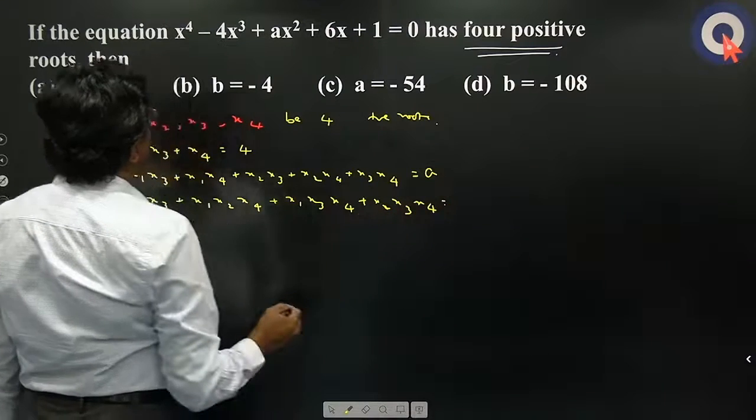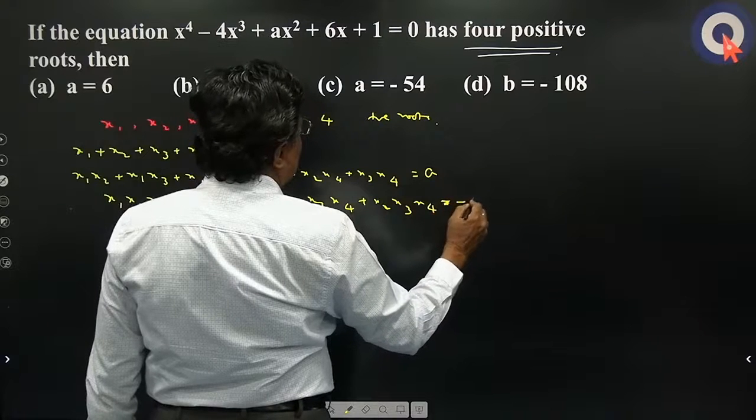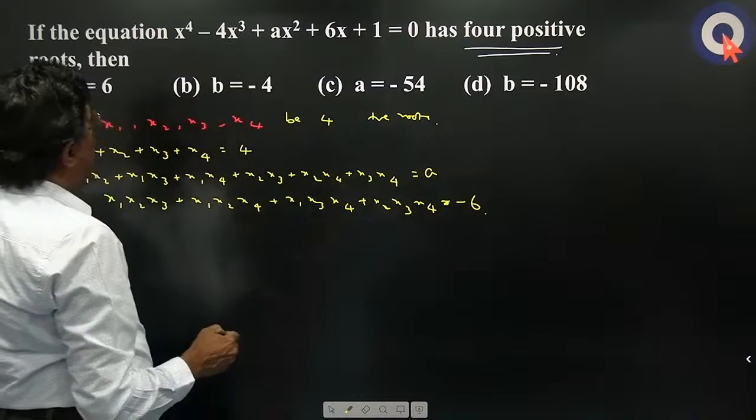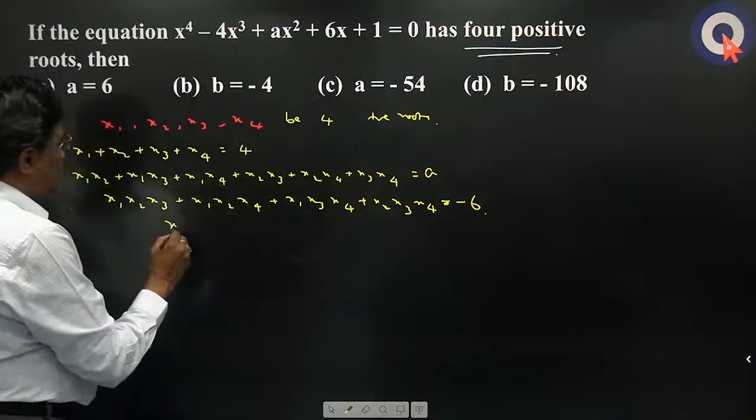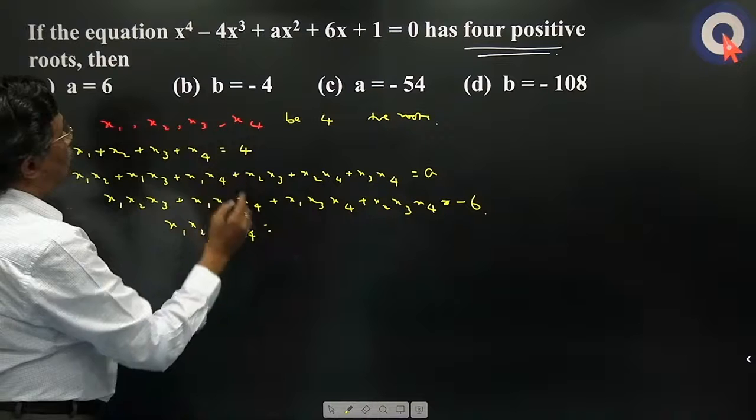So this is minus 6, and the product of the roots is x1 x2 x3 x4. This is equal to 1.